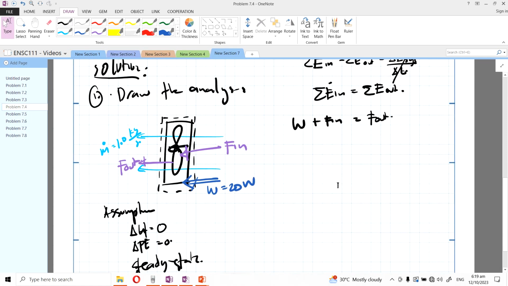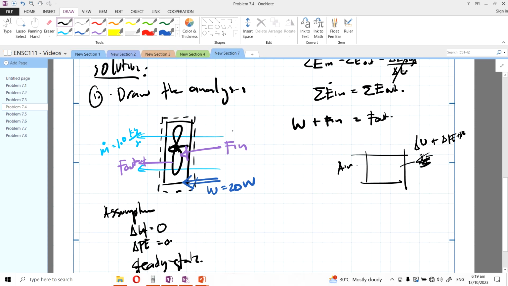Let me check it again. What if our system is the air? Then delta E of the system is delta U plus delta KE plus delta PE.